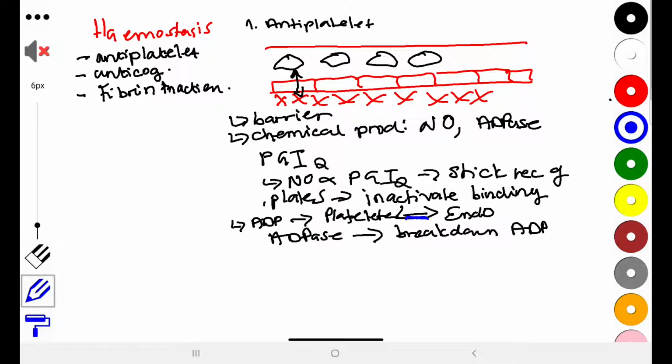The next one that we're going to look at is anticoagulation. In anticoagulation, we see that healthy endothelium keeps the coagulation factors at a low concentration. So let's start with heparin sulfate.